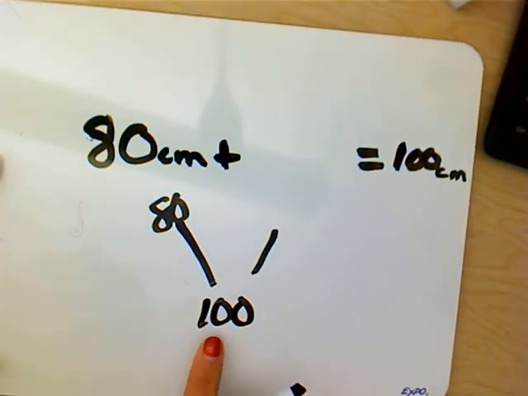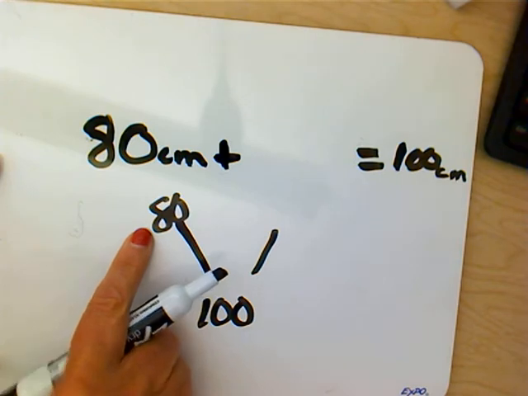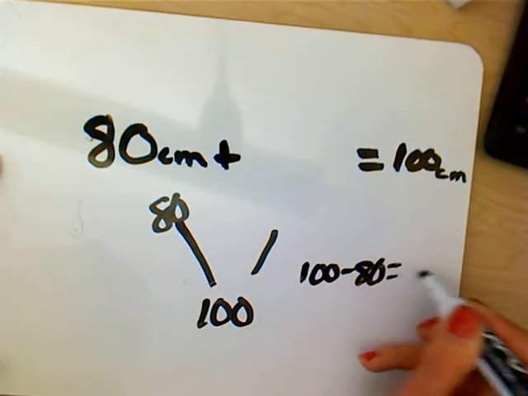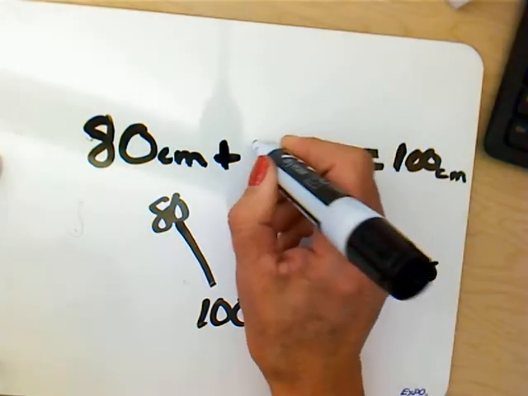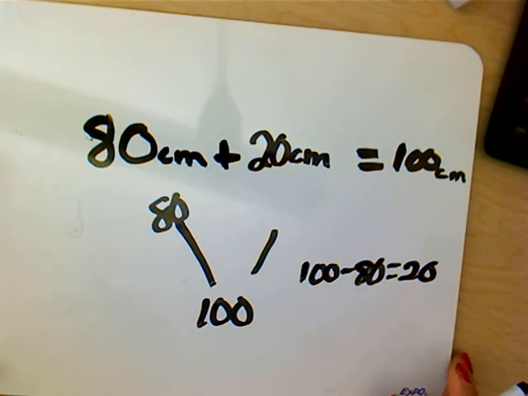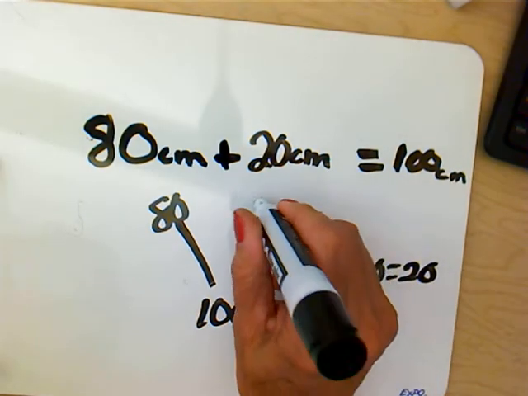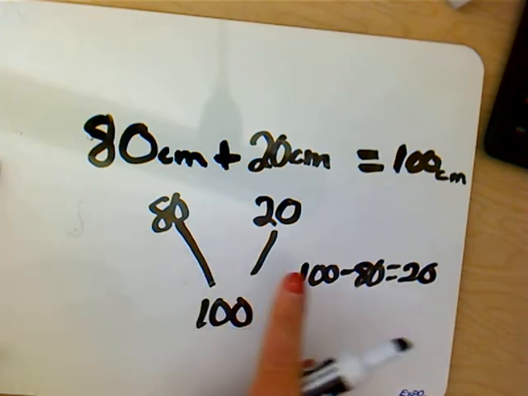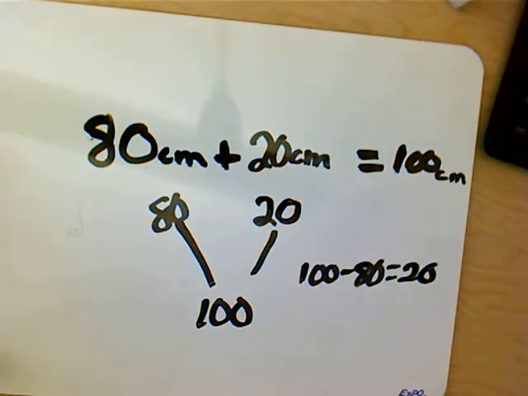And I know that if I take 100 and subtract 80, so 100 take away 80 gives me 20. So it would take 20 centimeters to get my number sentence to equal 100. So 20 would be the other side of my number bond. Do you see how I'm using subtraction to help me with this addition problem?